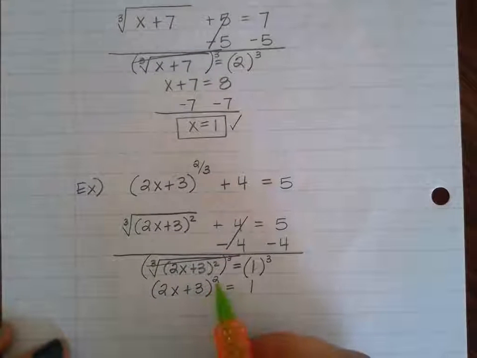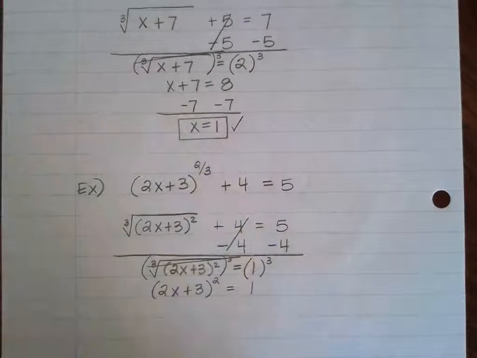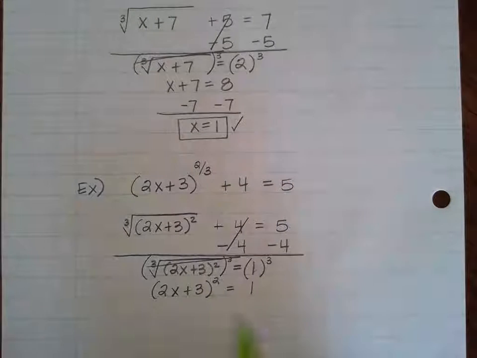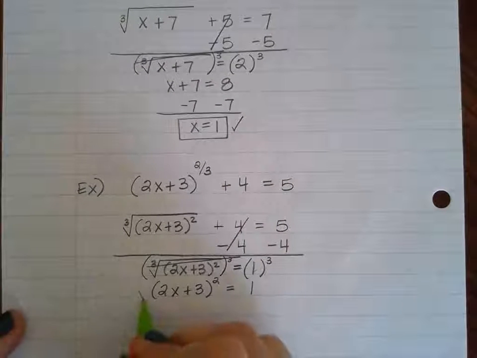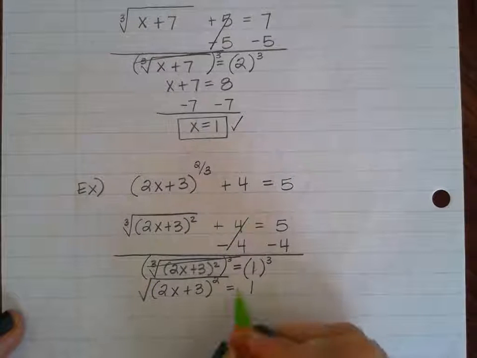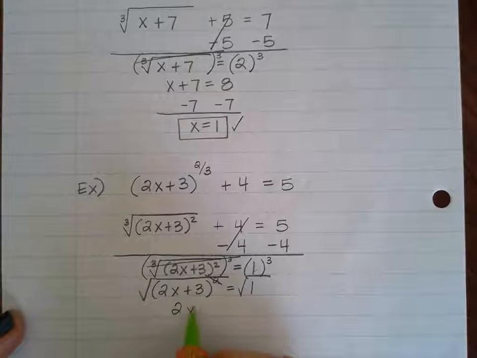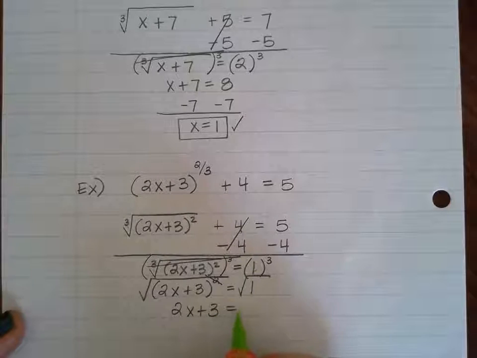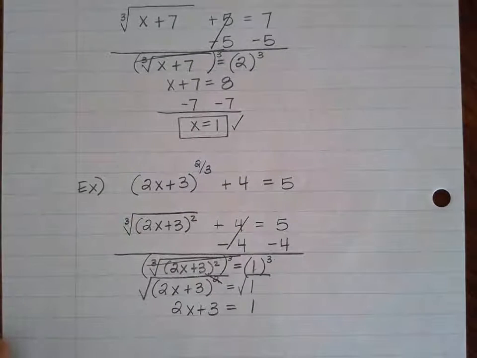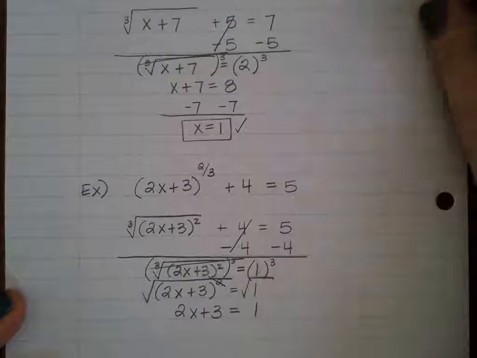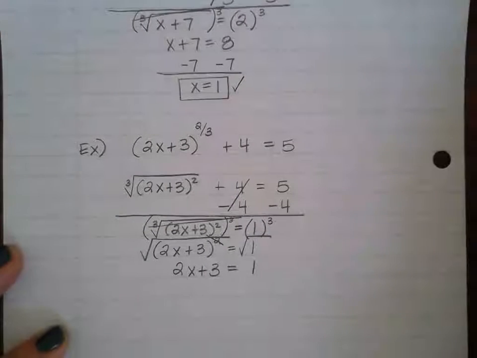Now, you're going to take away the squared part. The opposite of squaring something is going to be a square root. You're going to square root both sides. So this is going to go away. You're going to have 2x plus 3 equals 1. Okay, now we're going to assume the principal root for this example.